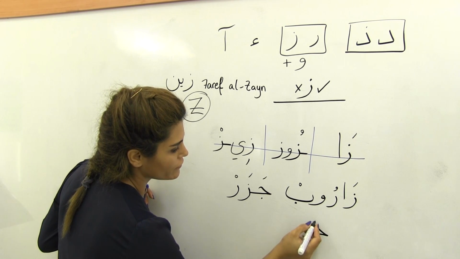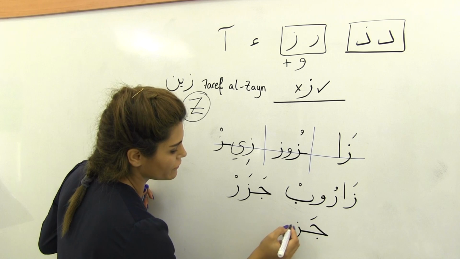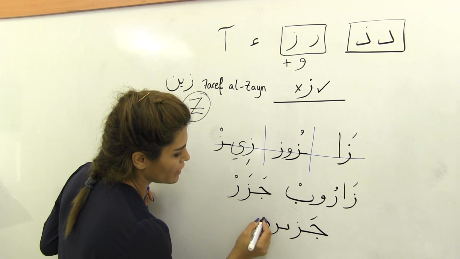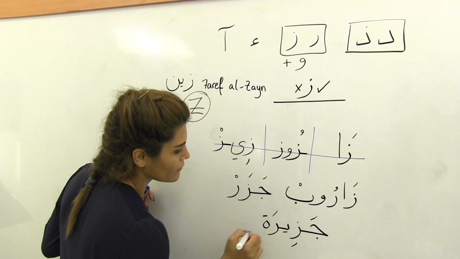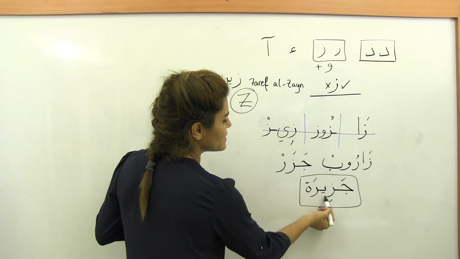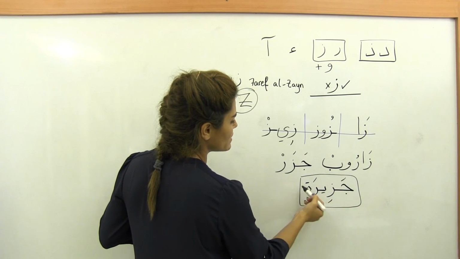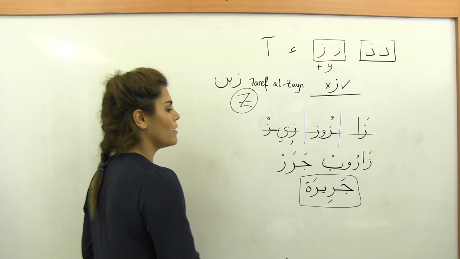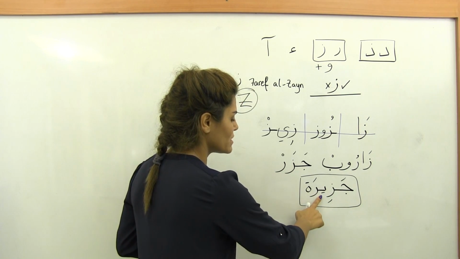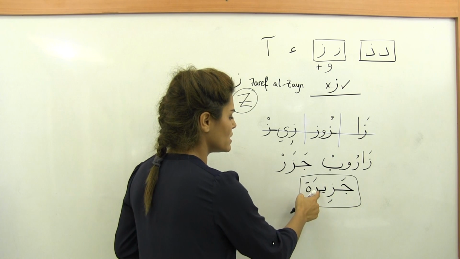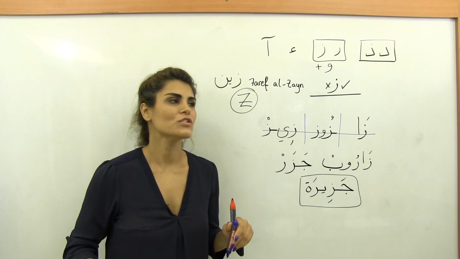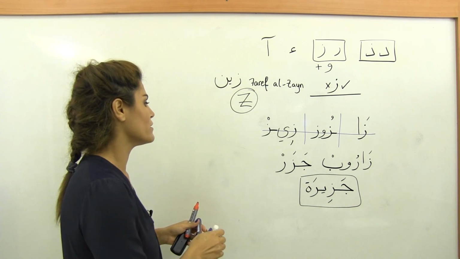It combines a lot of elements that you have learned, and you should be able to read it. Jazira, like Al Jazeera or Jazeera Island. So Ja Fatha, Z with Kasra and long vowel E, and then Ra with Ta marbuta, Jazeera, and that is letter Zain.